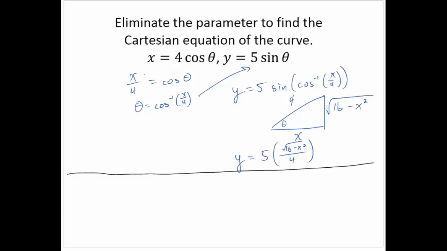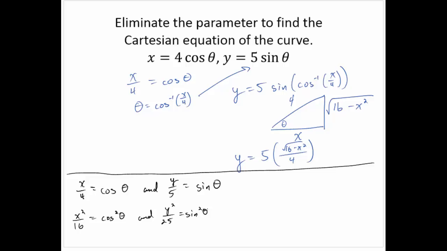So notice that x over 4 is cosine theta, and working with the other equation, y divided by 5 is sine theta. Now, for each of these equations, I'm going to square both sides. So then x squared over 16 is cosine squared theta, and y squared over 25 is sine squared theta.